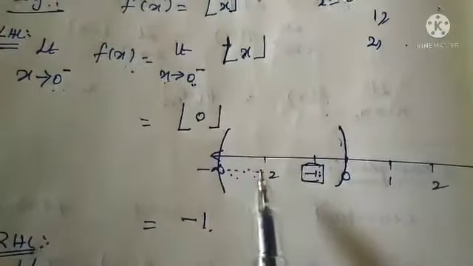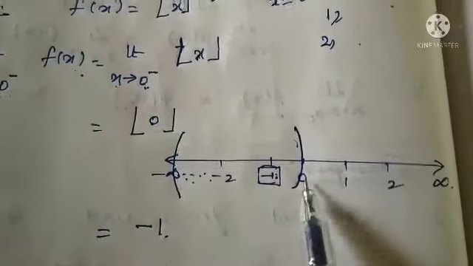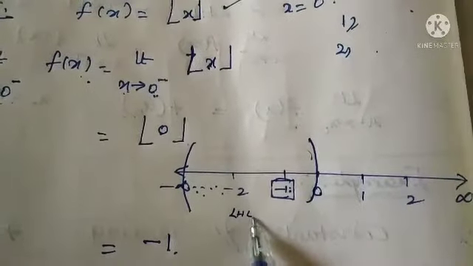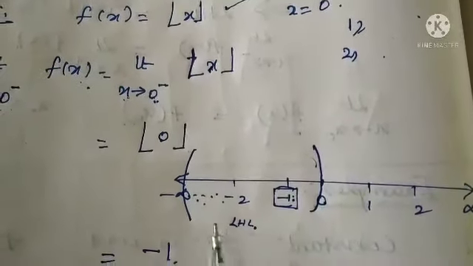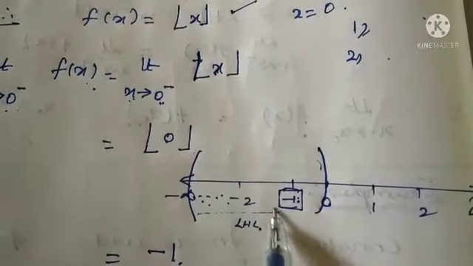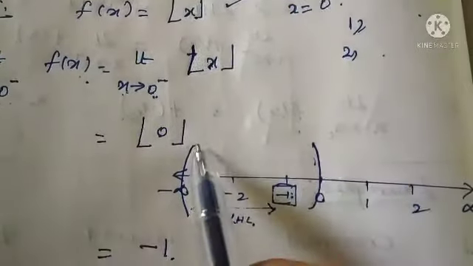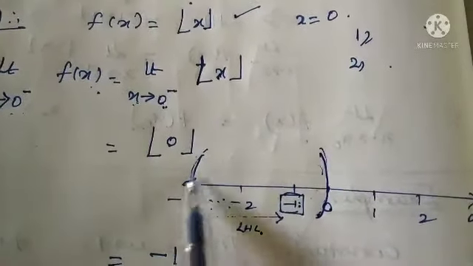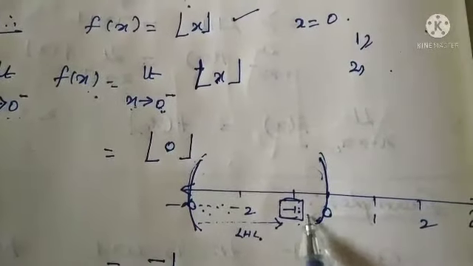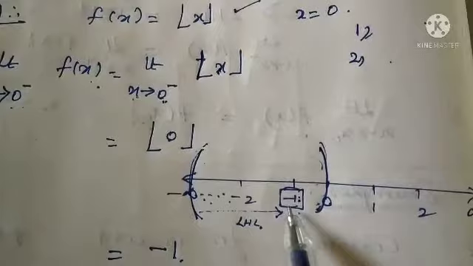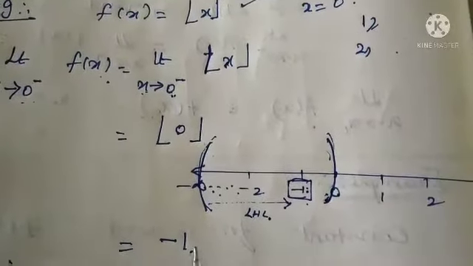See here in the real line, 0 is there. Since we are dealing with the left hand limit, the values approach from the left hand side towards 0. Among these values, which is the greatest value? It is only minus 1. So your answer is minus 1.